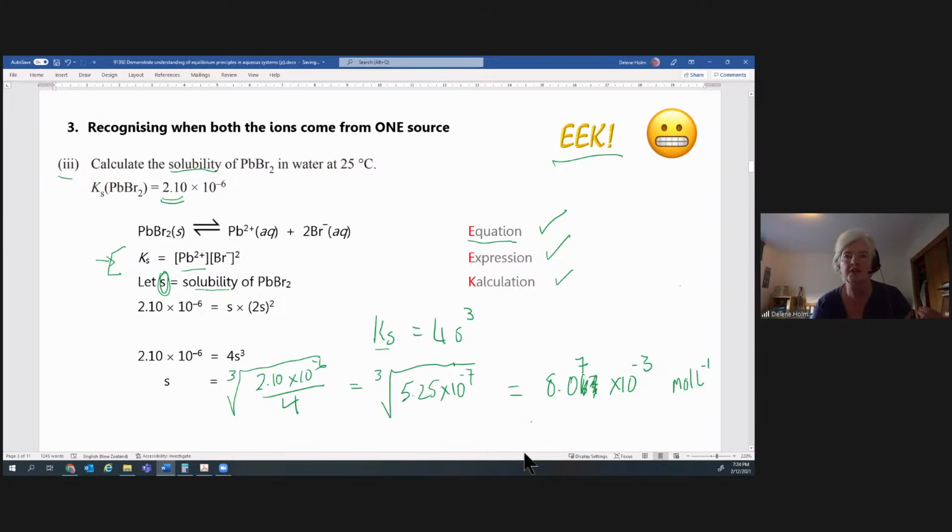Then your final thing is you say, is this a reasonable answer? And you go, okay, I had 10 to the minus 6 and I'm doing a cube root. So yeah, that looks roundabout correct. I didn't have an answer like 10 to the minus 13 or something ridiculous, where you might have just done the incorrect input.